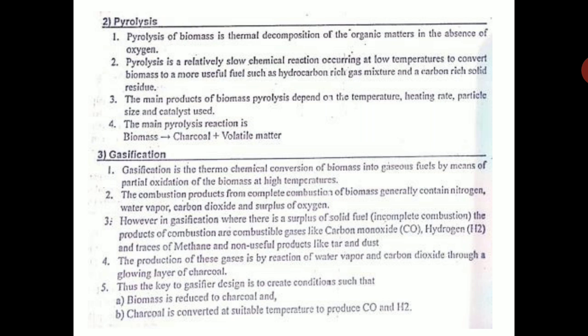But when you do gasification, means incomplete combustion, the combustion products are carbon monoxide, because if it is fully burnt it becomes CO2, but if partially burnt it is CO. Then you get hydrogen and traces of methane. So biomass is again converted into charcoal.